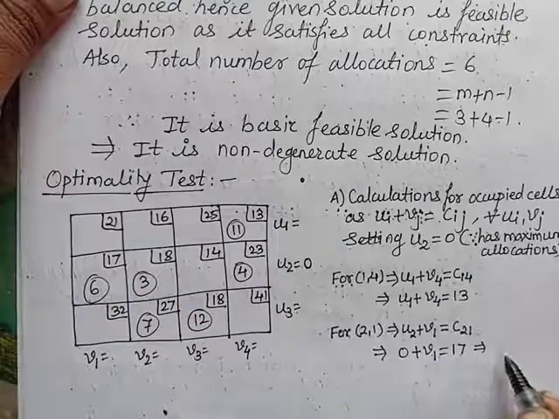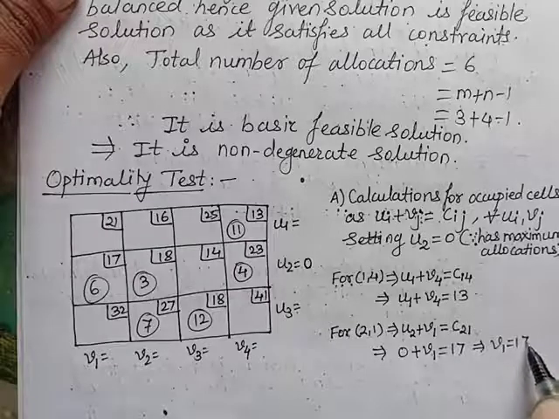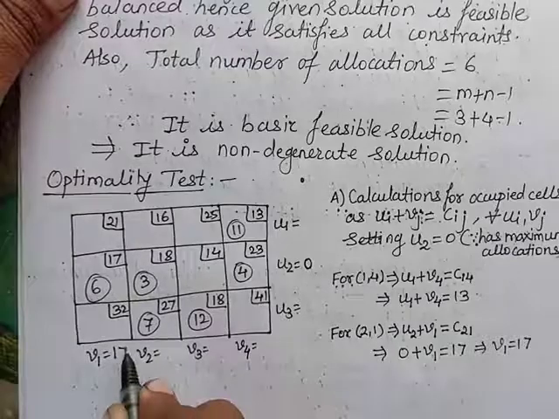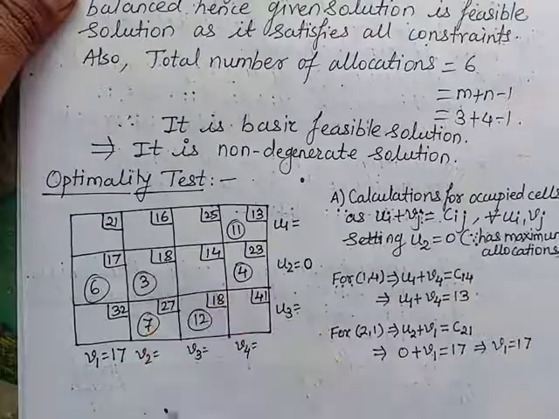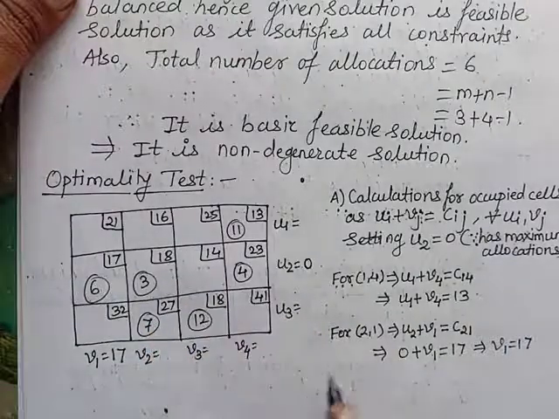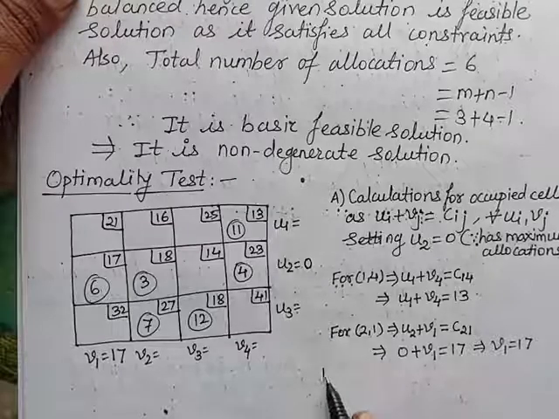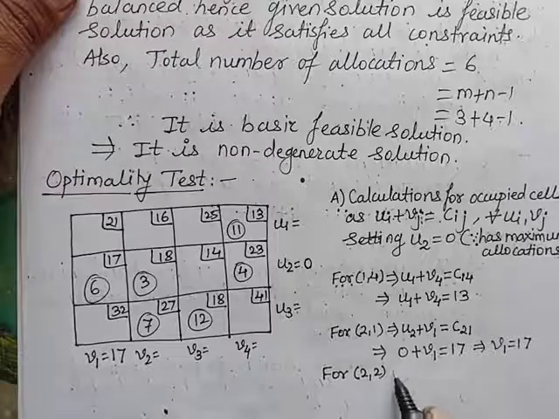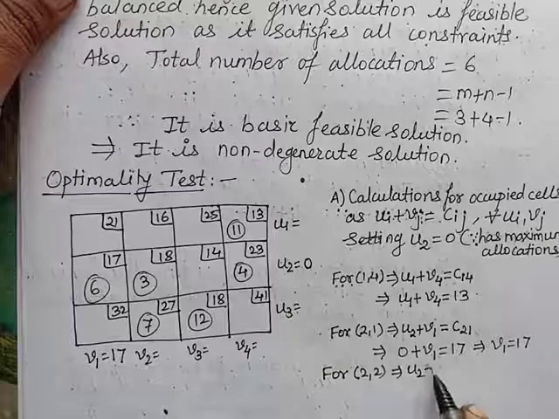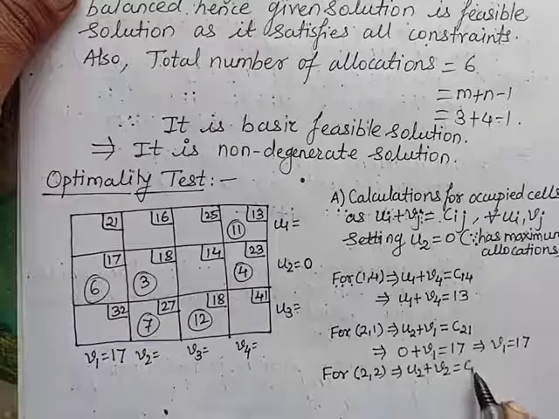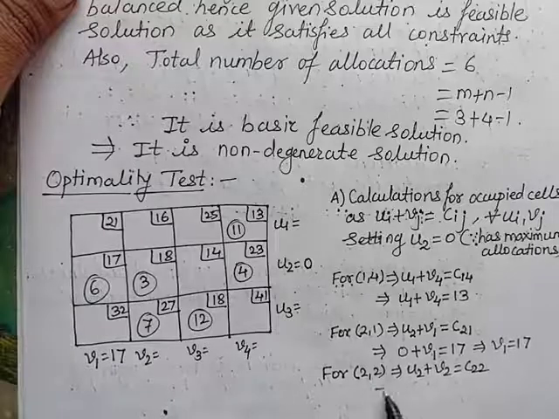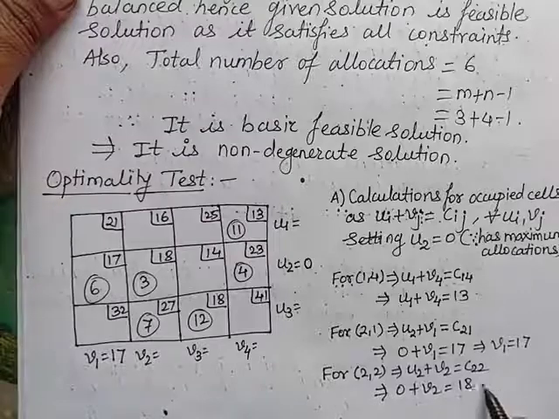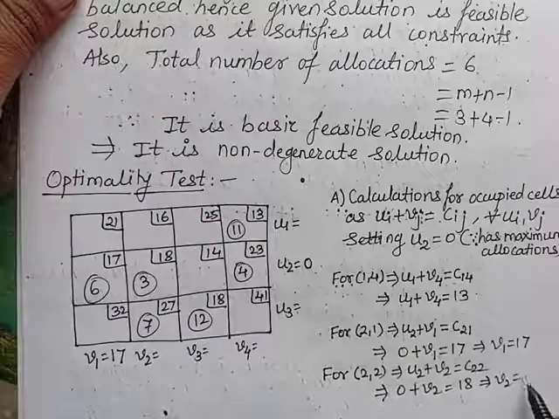So v1 is equal to 17. I will write it here. Similarly, for v2: u2 plus v2 equal to C22, that is 0 plus v2 equal to 18. So v2 is 18.